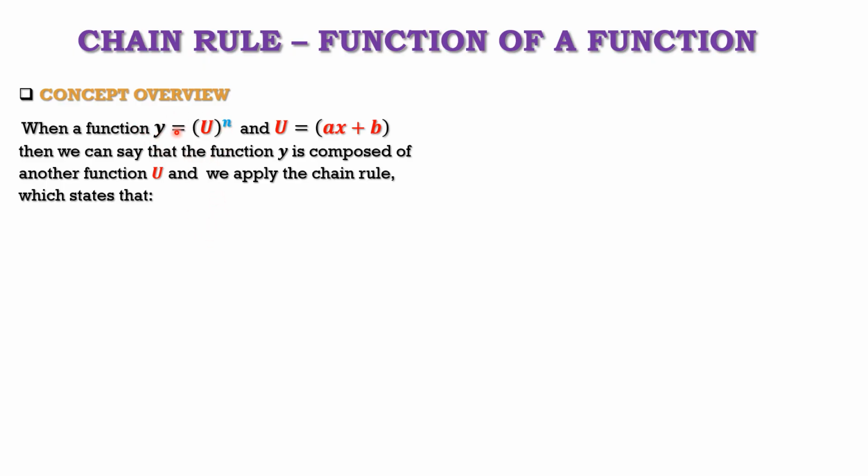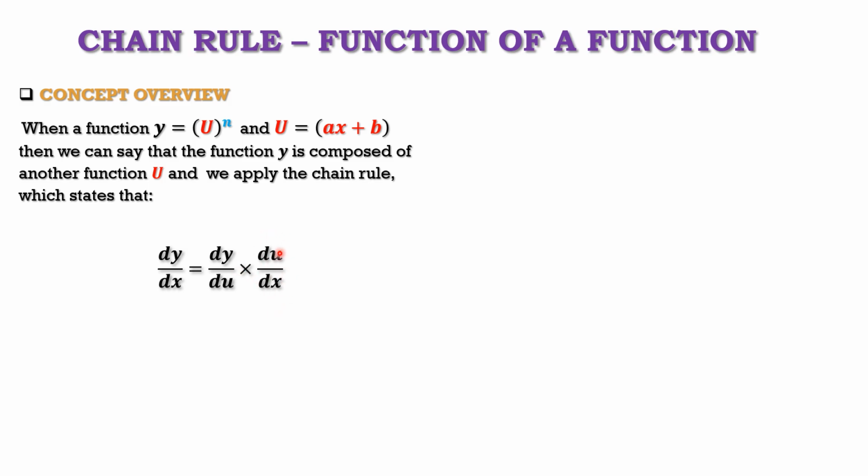And if I want to differentiate y with respect to x directly, then we apply the chain rule, which states that dy over dx is equal to dy over du. This time, u becomes the input, which is the independent variable, and y becomes the dependent variable, times du over dx.